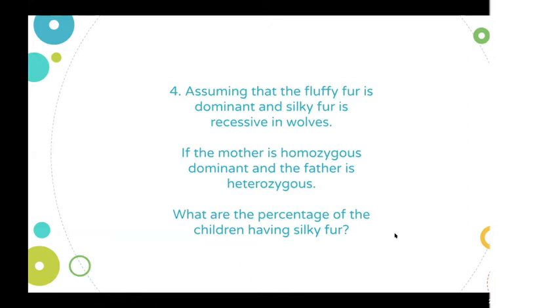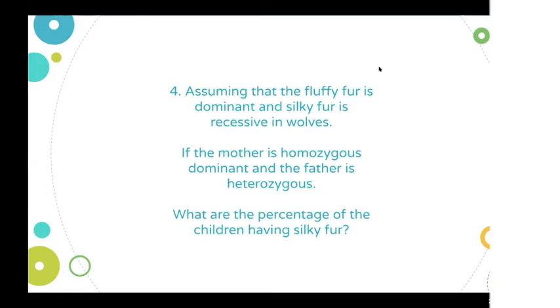So let me explain. I'm assuming that all of you are doing Punnett squares right now. So assuming that the mother is homozygous dominant, we will use the letter P again for this example. We will have both capital P for the pair of the mother because dominant alleles are represented with capital letters, and homozygous means both of the alleles are the same type.